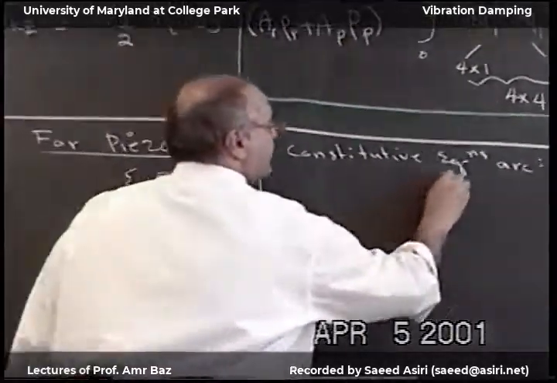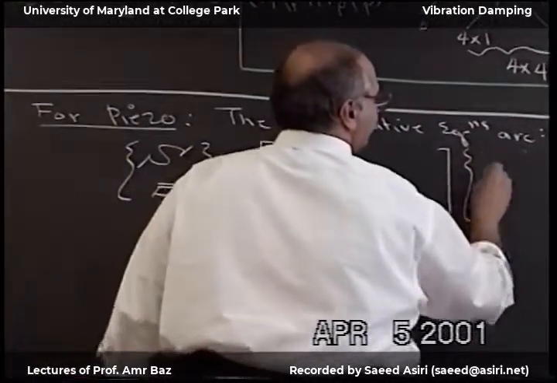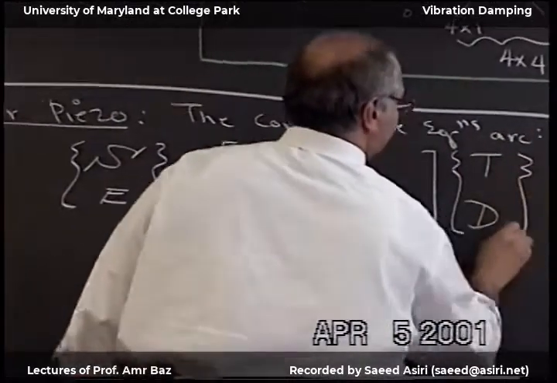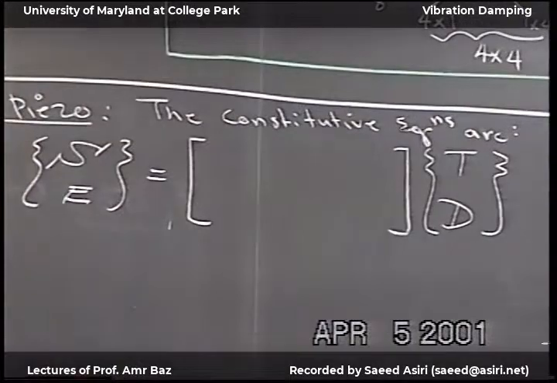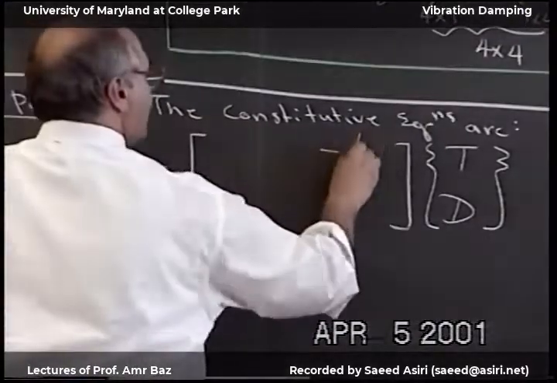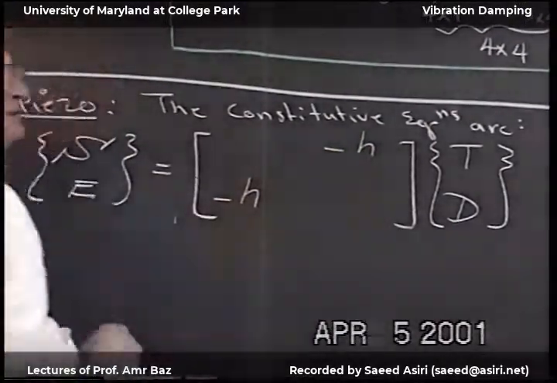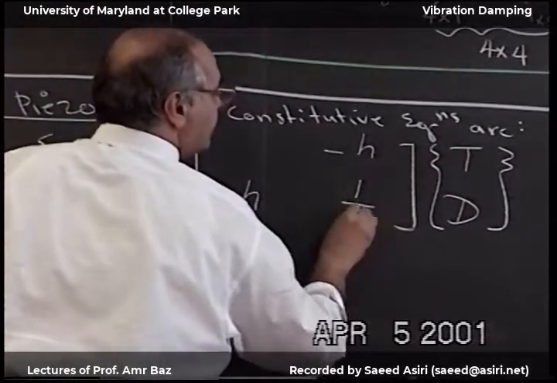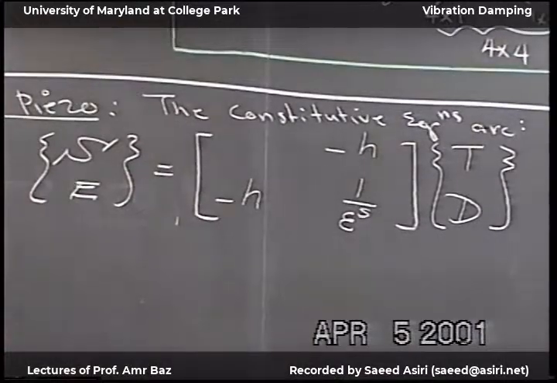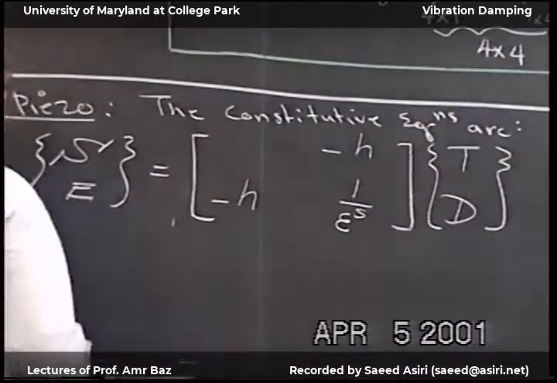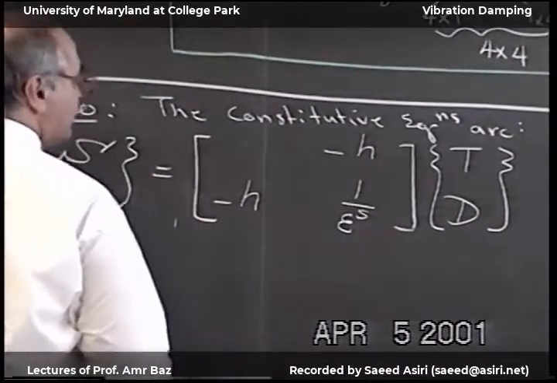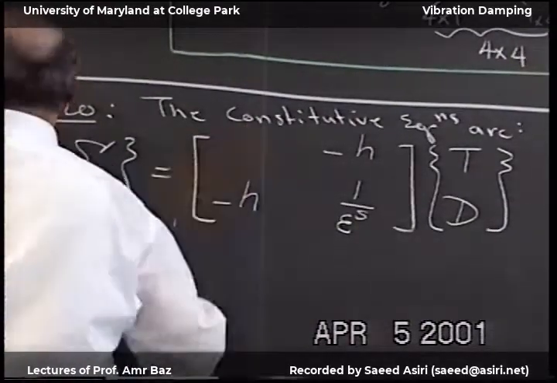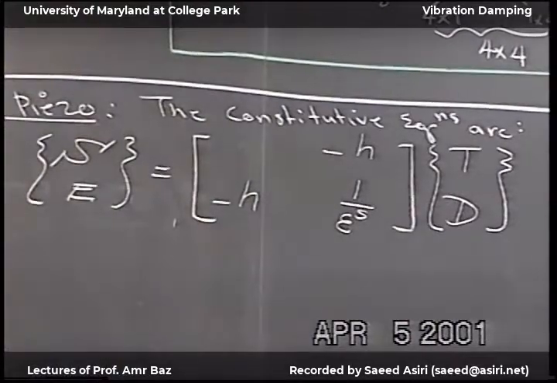And these were given as a function of the stress and the electric displacement. And here we have H and minus H. And then here we had 1 over epsilon S. And the denominator here had 1 over SD.